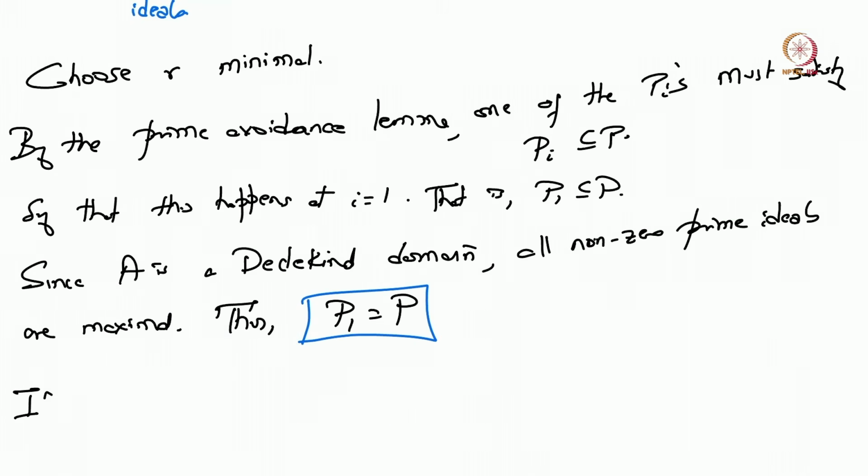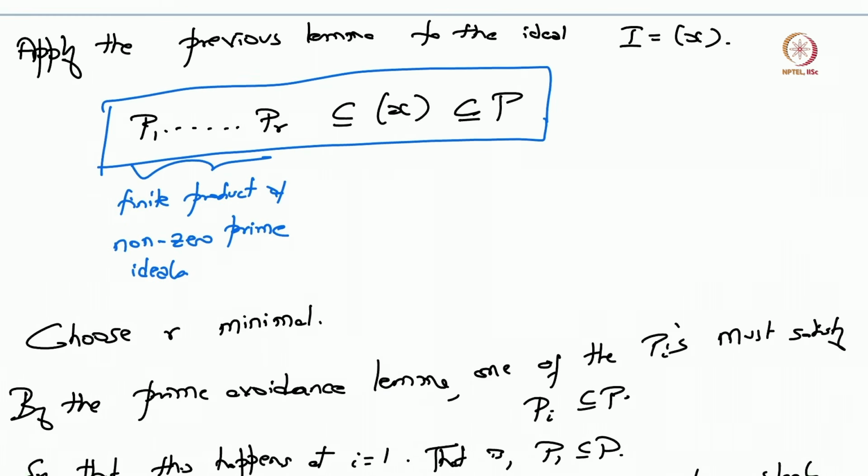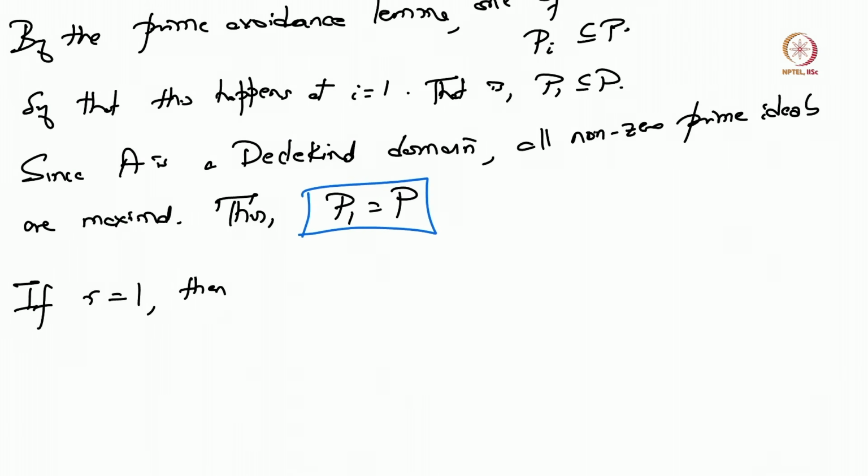Now, suppose that r equals 1, then what do we get if this finite product of non-zero prime ideals had r equals 1, so you only had one prime ideal, then what we would have is P1 sits inside the ideal generated by x, which sits inside P, but we've just shown that P1 equals P, so this implies that P1 equals P, but is also the ideal generated by x.